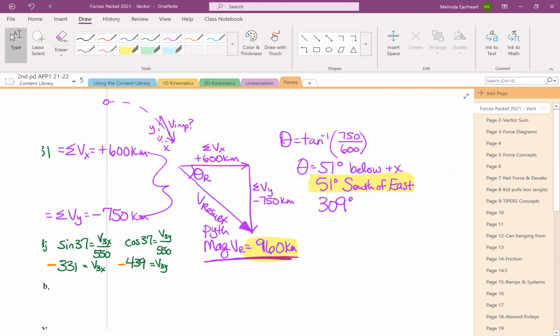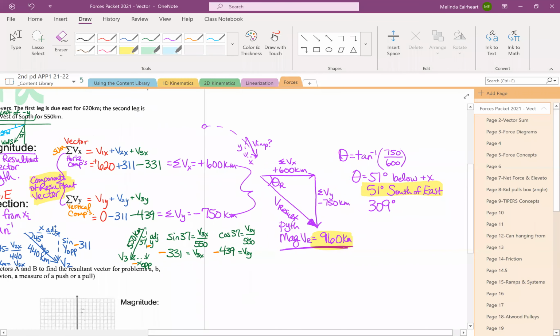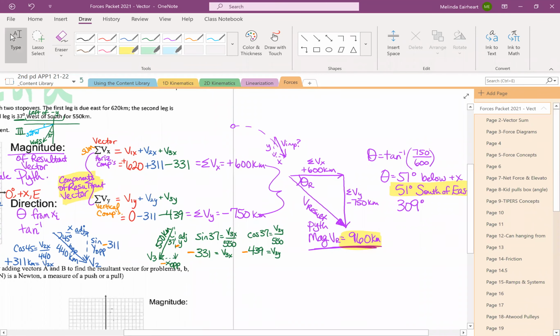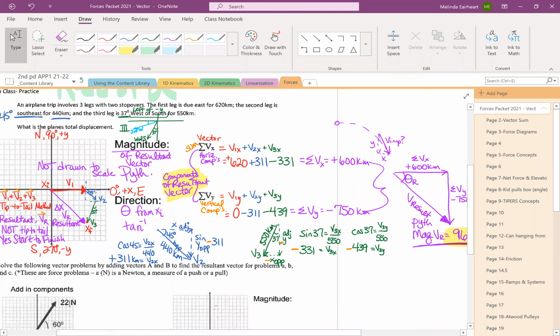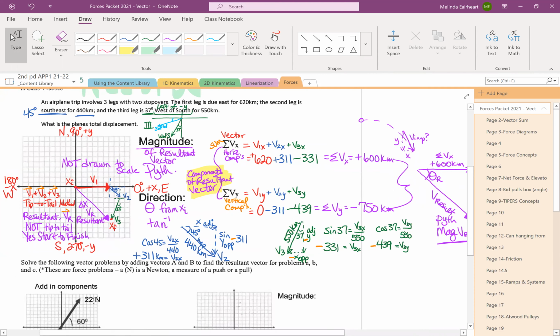Okay, ask me a question. That was a lot, right? So actually think of your question. Let me kind of recap what we did. We took our 3 individual vectors, did a qualitative sketch to get an idea where it should be. But for accuracy, we broke each individual vector into horizontal, vertical components.